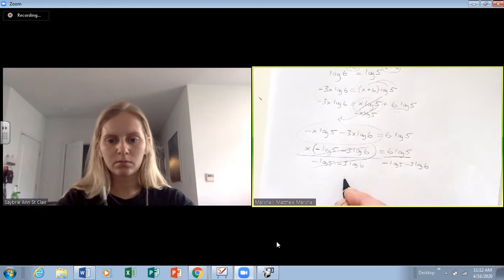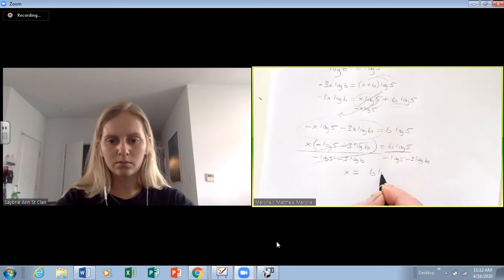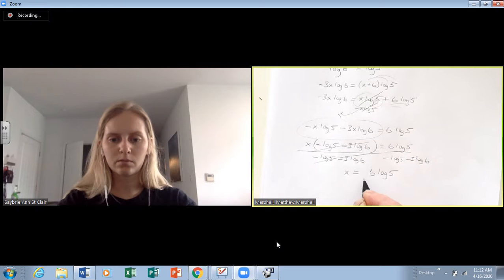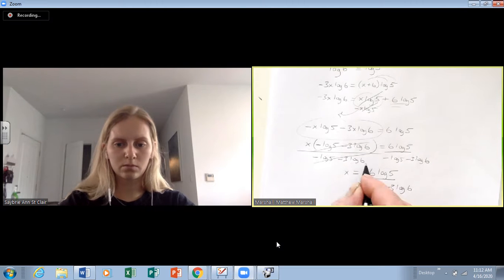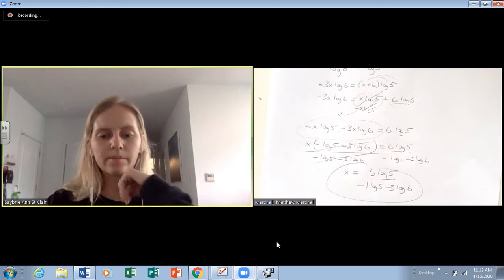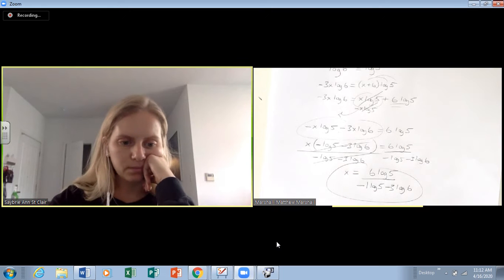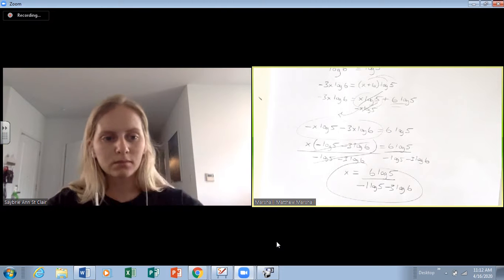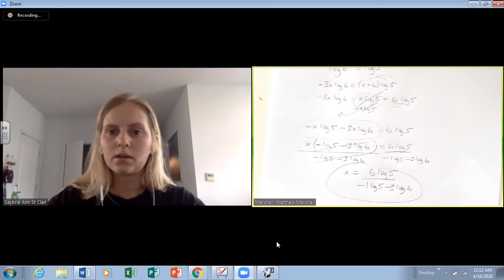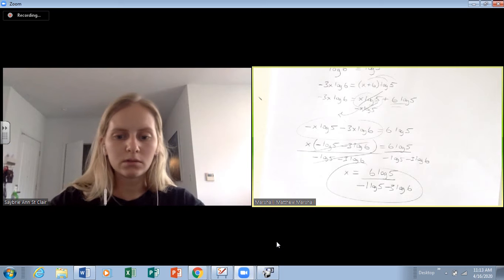And your answer is x equals 6 log 5 over minus log 5 minus 3 log 6. I believe, looking at that, that's how it's going to be set up. I mean, I might have made a tiny little mistake. That looks real similar to that picture that you sent me.